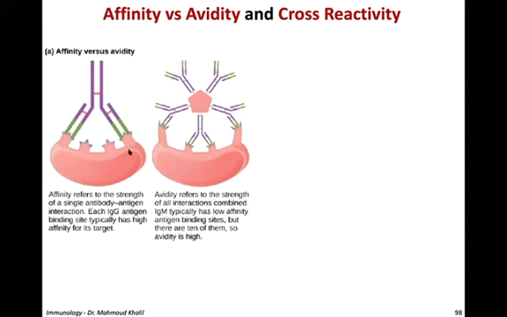Even if the affinity of IgG towards its antigen is very high, the avidity of the IgM with its pentamer structure is a lot more, because the avidity of the IgM is a reflection of all the different affinities, which are low individually, but in total the avidity is greater.